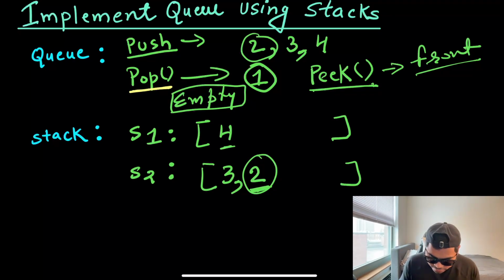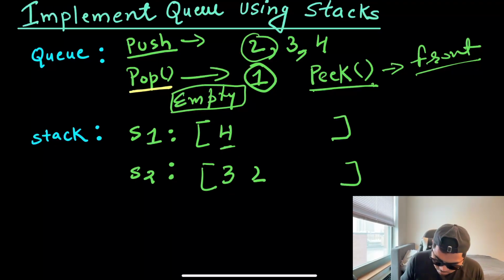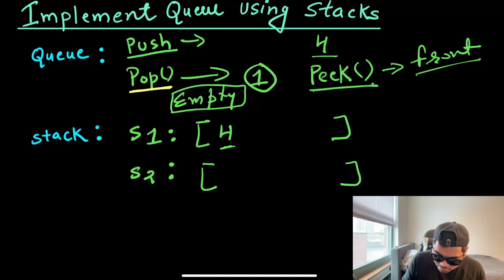And let's say a few more things. If I wanted to pop more elements from the queue, right now S2 has the front, so I will pop from S2. If I keep popping and I pop 3 also, now my queue is not empty, there is still 4 which is in my S1, but my S2 is empty right now.